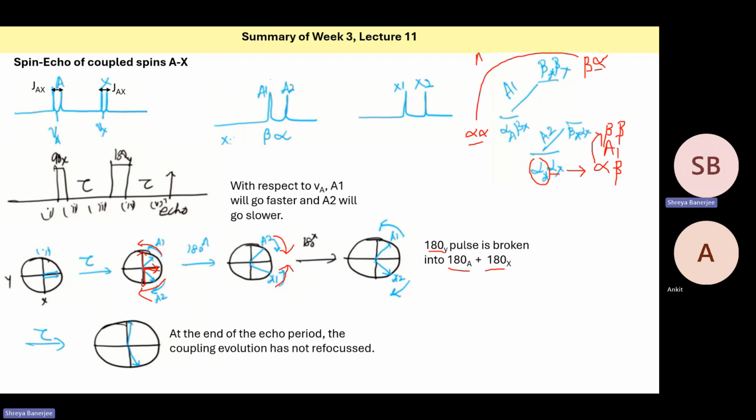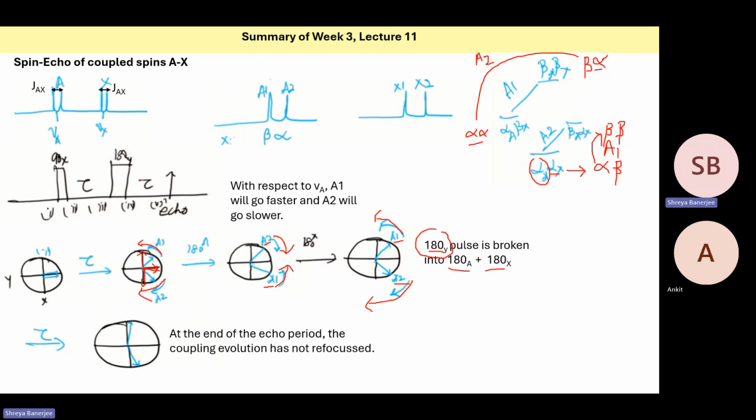So A1 and A2 have interchanged. Where A2 was, you have written A1, and where A1 was, A2 is written. Again, the direction remains the same. A1 continues in the anti-clockwise direction and A2 continues in the clockwise direction. So now the 180y has completely acted both on A and on X.